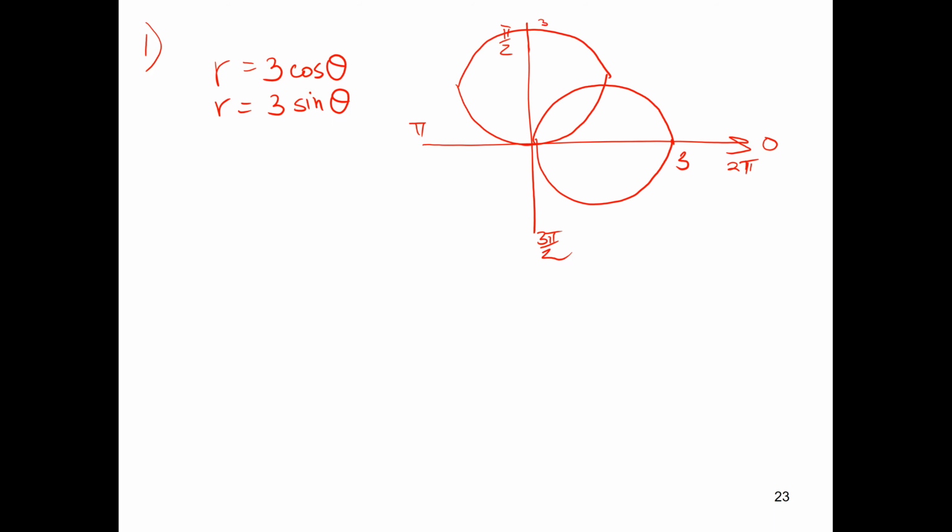Inside both, I believe, is just that loop, so we have to find the area of this loop. The points of intersection are important. I can even draw this line, which will be the angle. You can probably guess what that angle is, but let's solve it. Points of intersection.